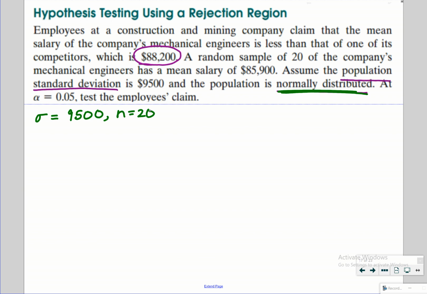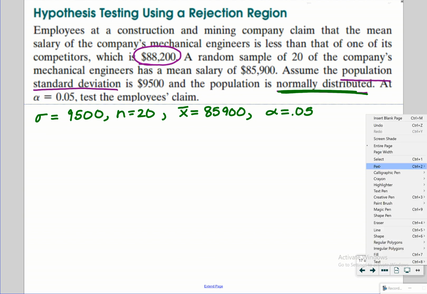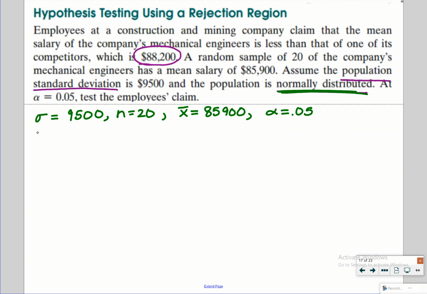All right, what else do I know? I know my sample size. From that sample, we have a sample mean of 85,900. We have a level of significance of 0.05. And then we have the claim, which is going to include that population mean value that we're going to be testing.